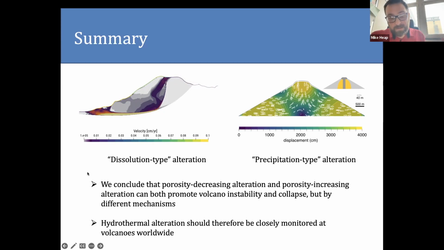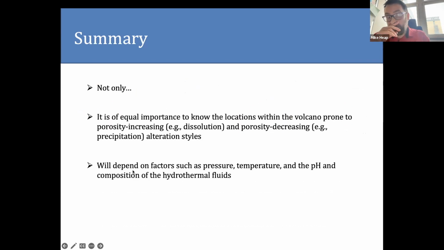So as a result, hydrothermal alteration should be monitored very carefully worldwide. But not only that, we need to understand the distribution of the different types of alteration in the volcano. So we need to know roughly where we have dissolution type alteration and where we have precipitation type alteration. Presumably these things are both happening in the volcano. When you dissolve something, it has to go somewhere.